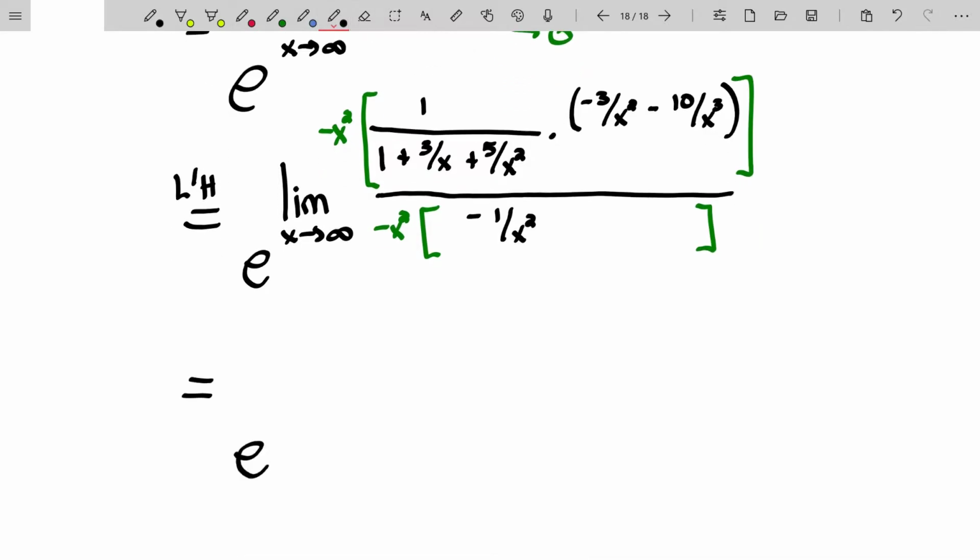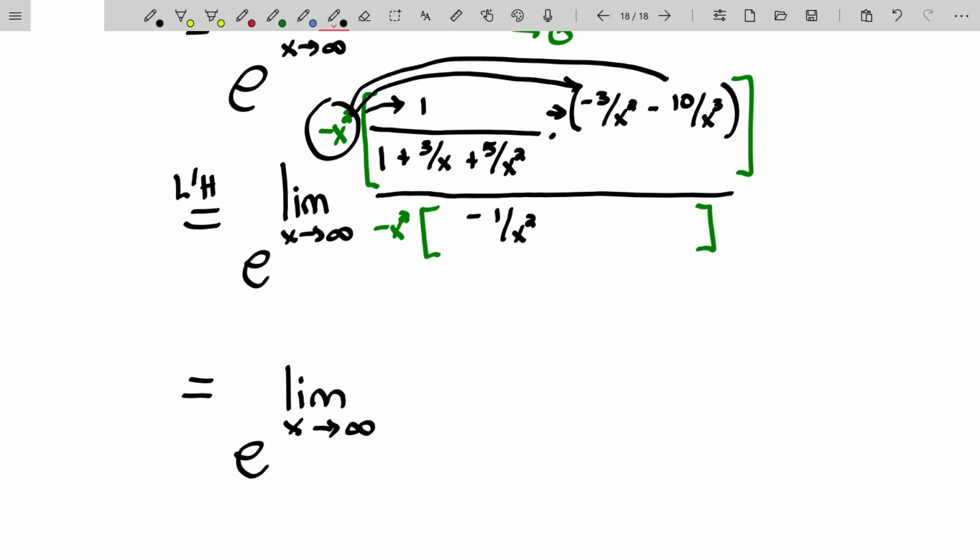I'll have e to the limit as x goes to infinity. This negative x squared, it would park into the numerator, right? But actually, this is what's in the numerator. So I'm going to distribute that negative x squared to each of these terms instead. So I'll just do that.